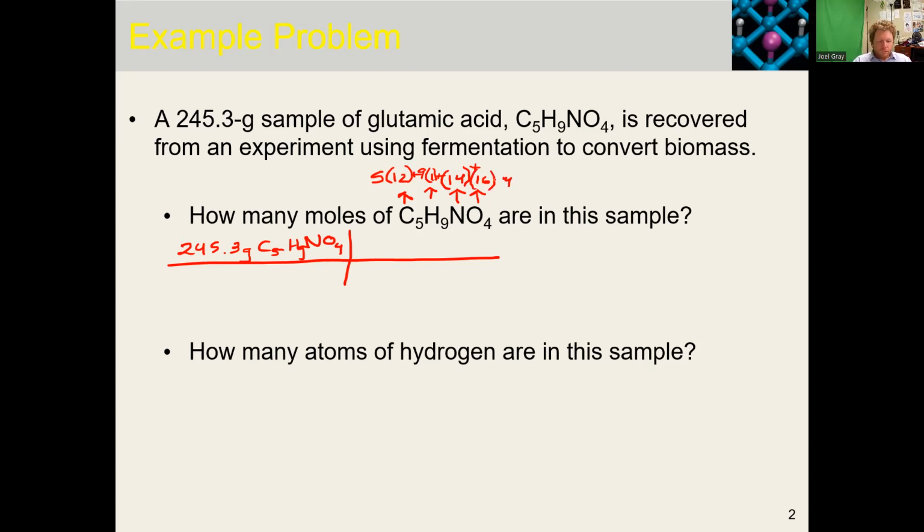We'll go to our calculator and say, what is 5 times 12? Because we have 5 carbon atoms, that's 60. I'm going to keep these numbers at the bottom so I can keep track of them. 60 plus 9 times 1 is 9.